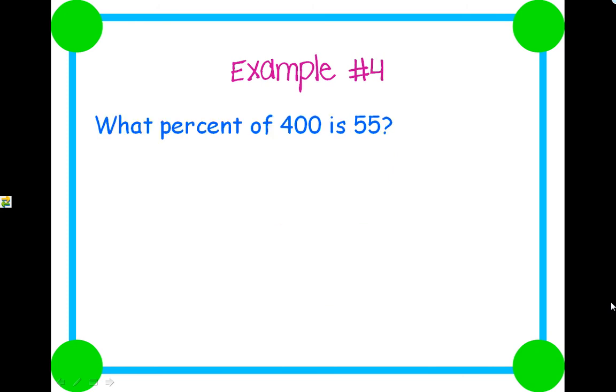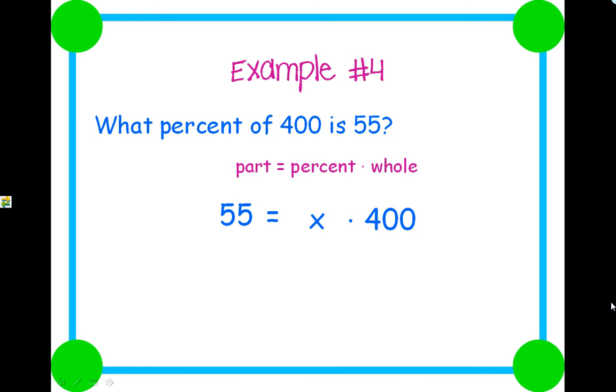Okay, let's look at another example where you have to find the percent. What percent of 400 is 55? Okay, write our equation. Our part is our is, so that's going to be 55. We do not know our percent, and our of, our whole, is 400.